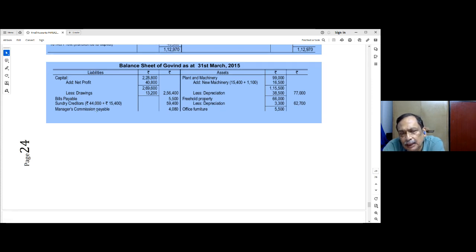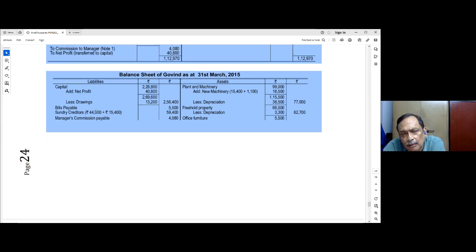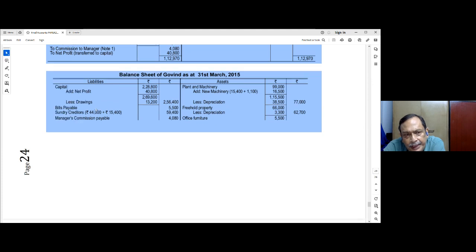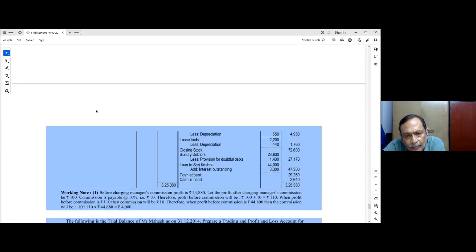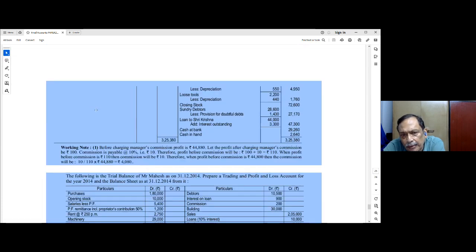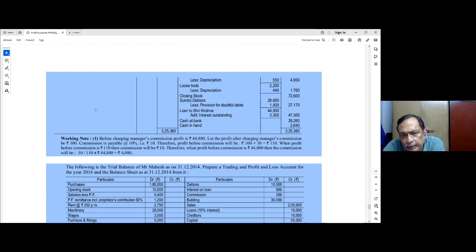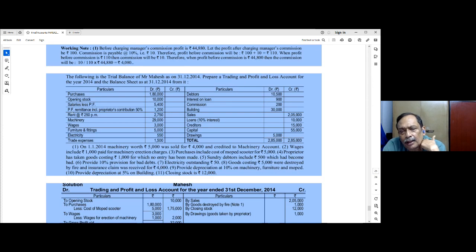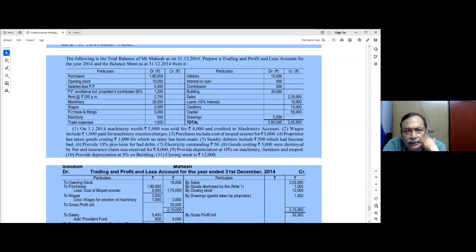It comes to 59,400. Then manager commission that we have calculated, 4,080, that is payable. Okay, so balance sheet total comes to 3,25,380. Now we are coming to the next sum.